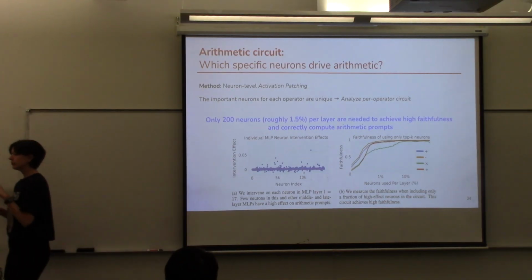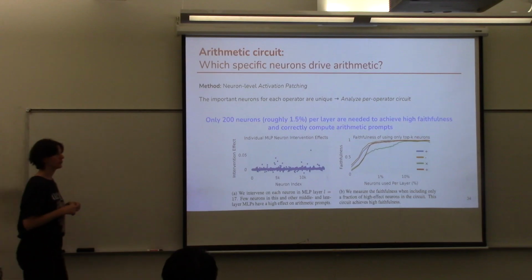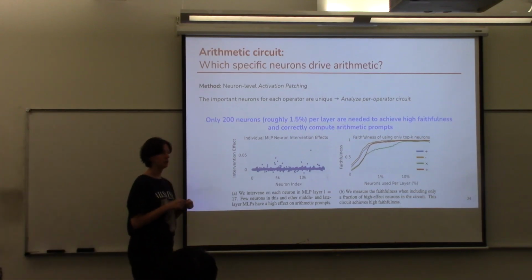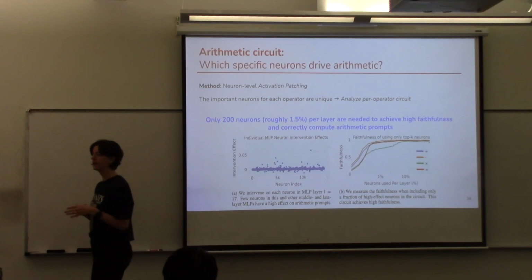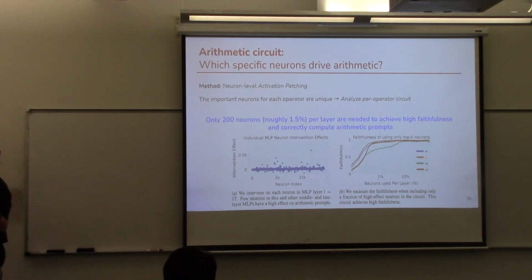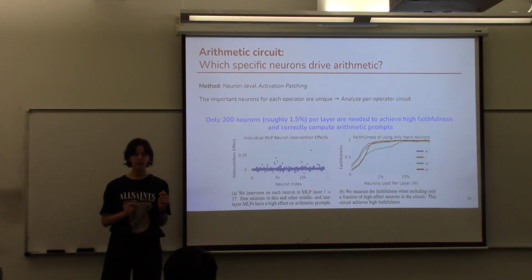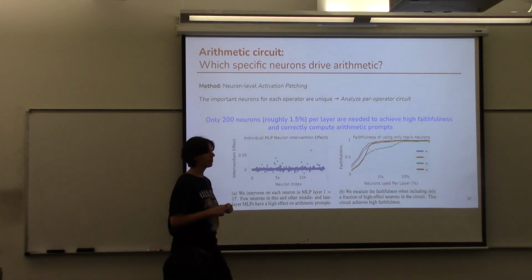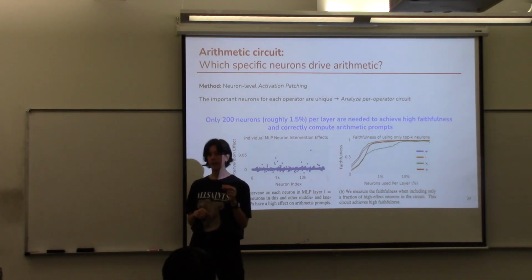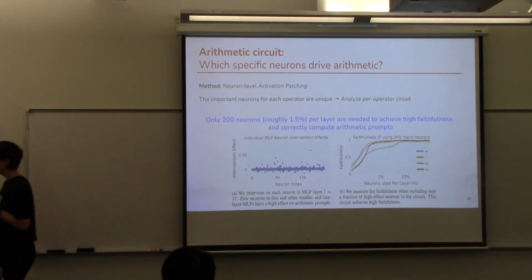So the next thing they do is yet another activation patching, but instead of taking a full module, MLP or attention head, as the thing we are patching, they take the modules they found important from the previous two experiments and look at their individual neurons. Then they do activation patching per neuron in these representations.